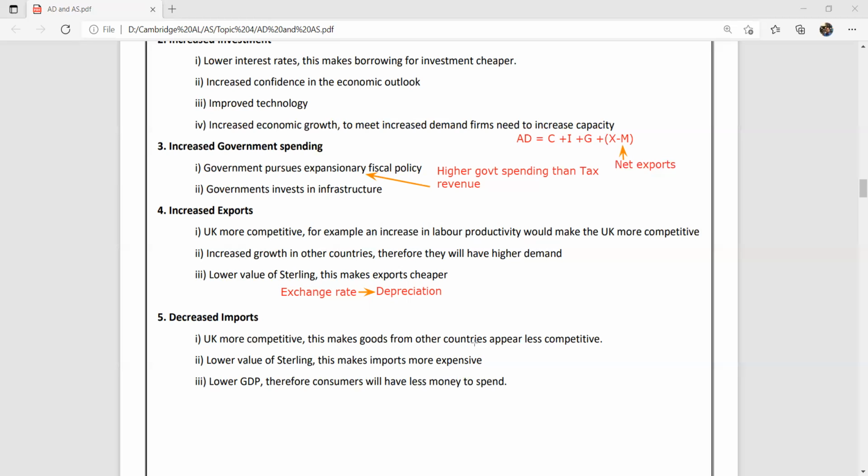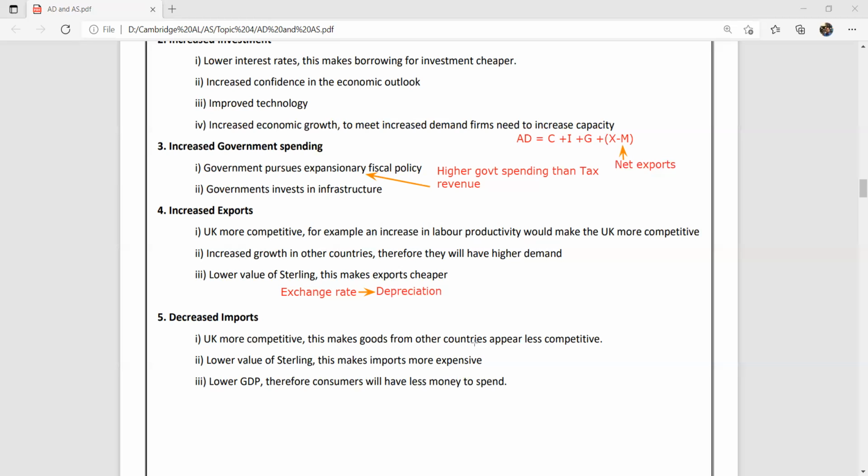For example, if the UK produces better quality cars than Japan, then there is no need to import. Then UK imports decrease.